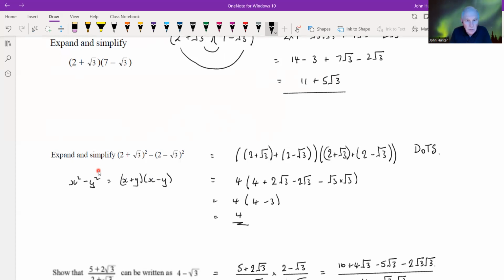And again, the insides, the xy and the minus xy, are going to cancel each other out. So we can think of this first bit as our x, this second bit as our y, and rewrite it like this. So this is your x plus y times x minus y.